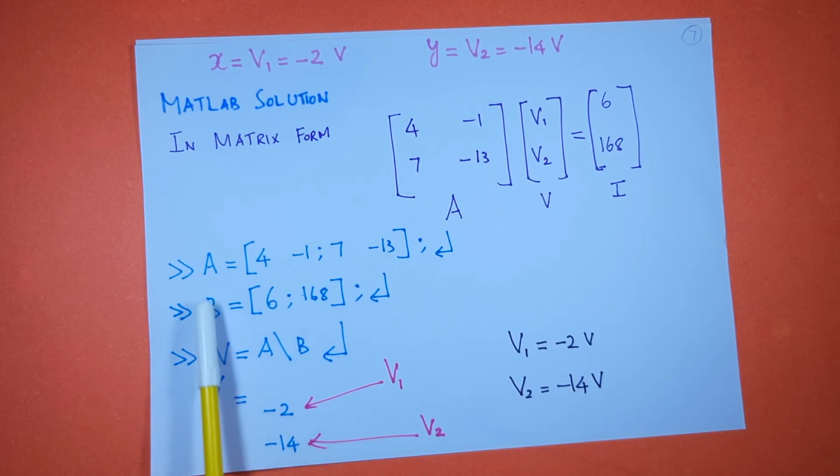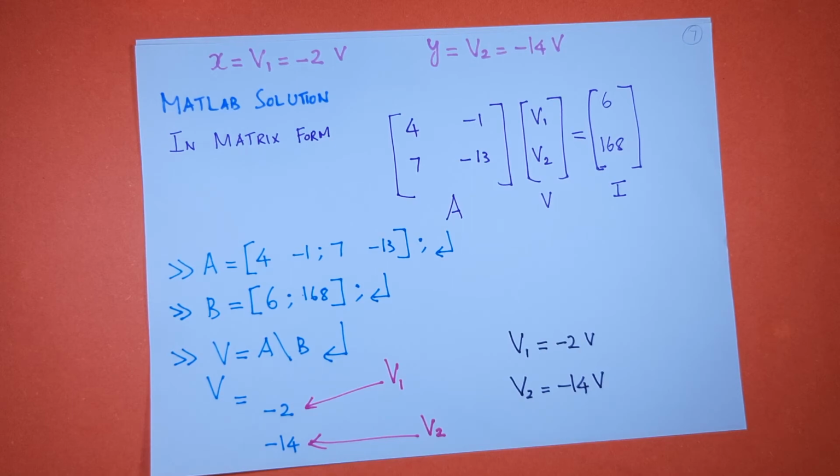So at the MATLAB command window, first we define the matrix A. A equal to, open the square bracket, 4 minus 1, semicolon, 7 minus 13, close the bracket, semicolon, press the enter key. Next, B equal to B or I, anything you can define.